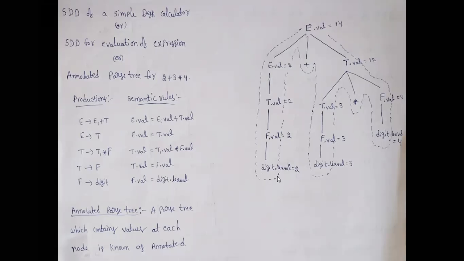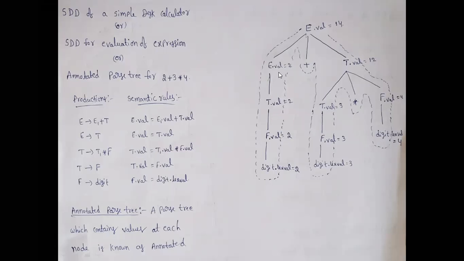So this digit dot lex value is equal to, first value is digit 2, and this is 2 plus 3 star 4. So we are writing 2, 3, 4 with digit values.